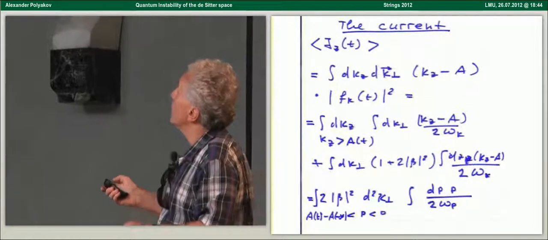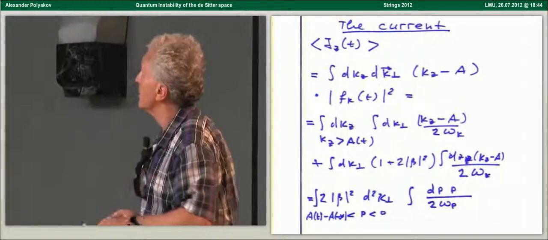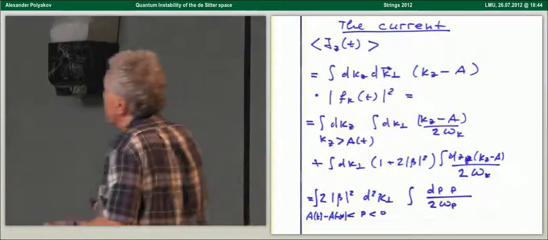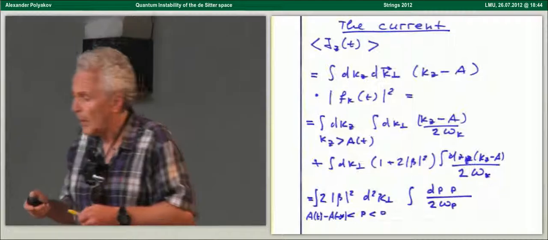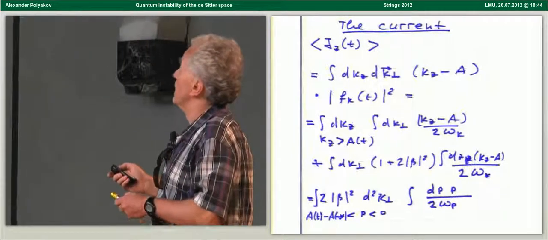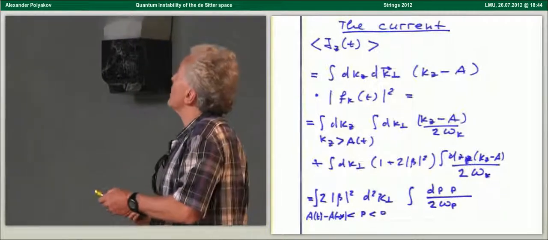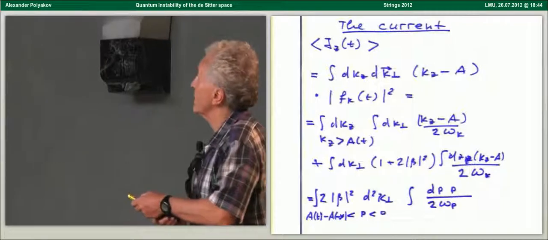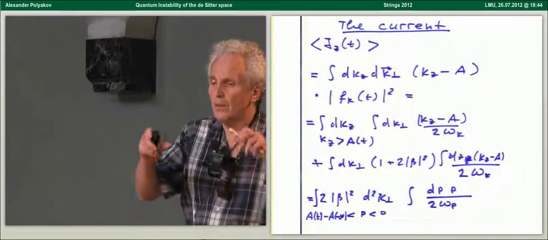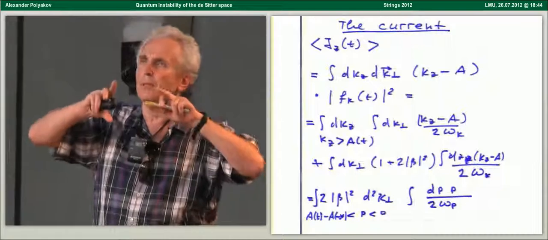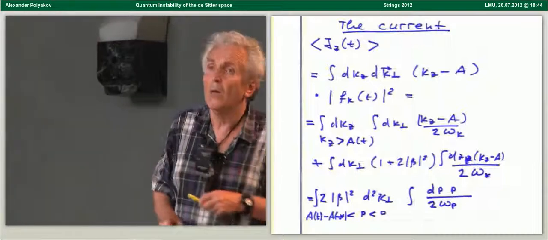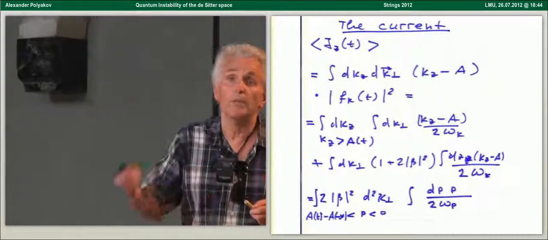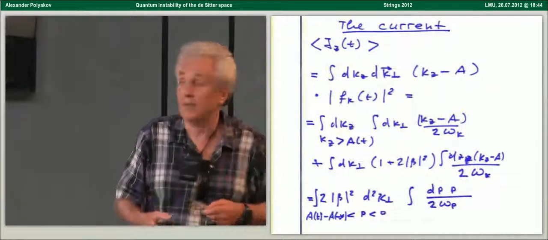And we can calculate the current. Again, it's a fairly standard calculation, but the reason I'm doing it is to stress the following feature of the answer. Remember, we try to describe a homogeneous, constant electric field. We have both space and time translation invariance in the system.